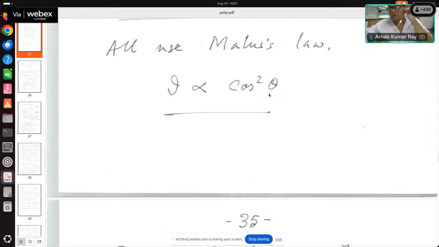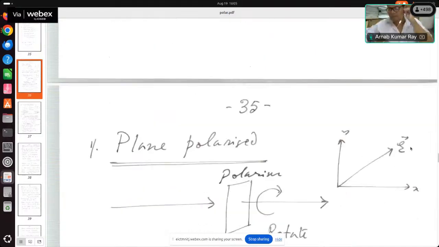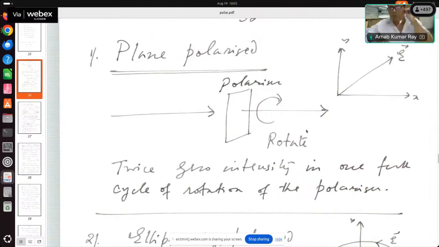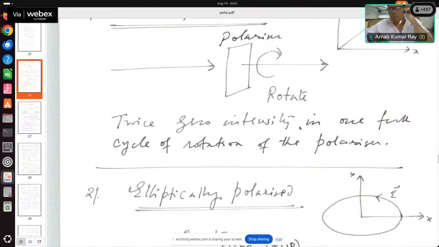Intensity will be cos squared theta, theta being the angle between the polarized state and the grid spacing between the atoms. So that is how you test linearly polarized light.